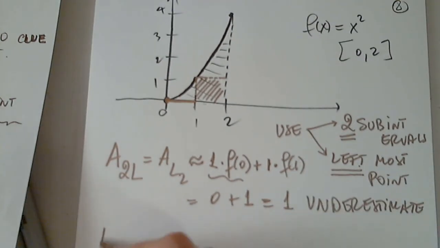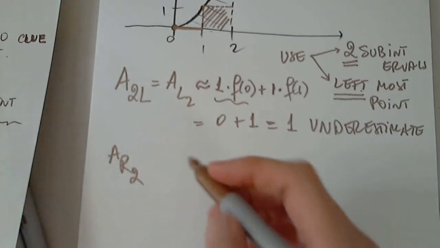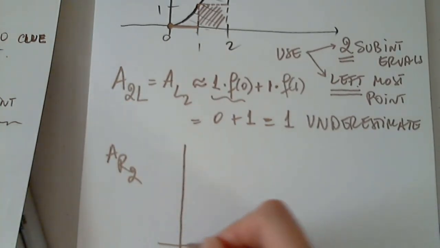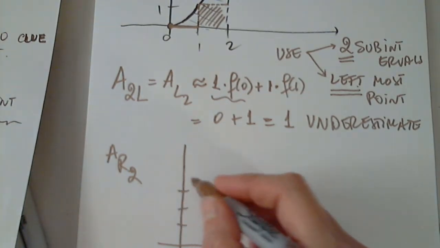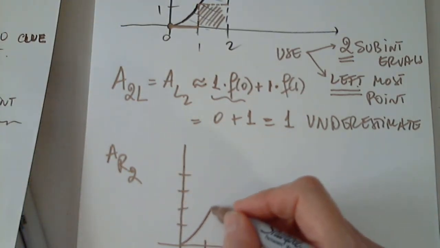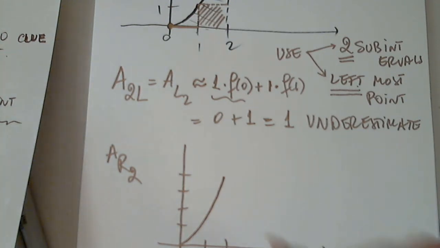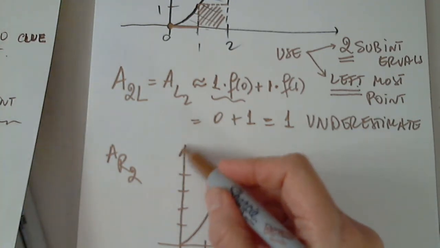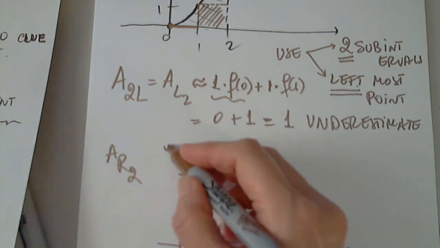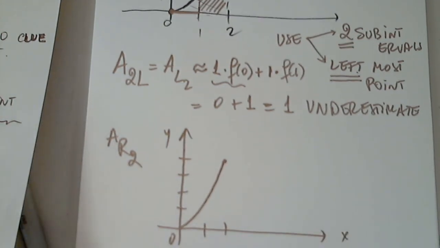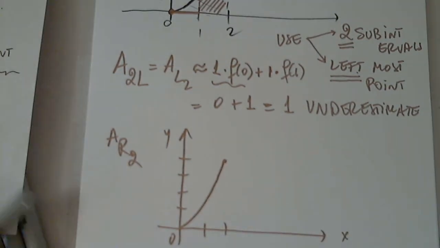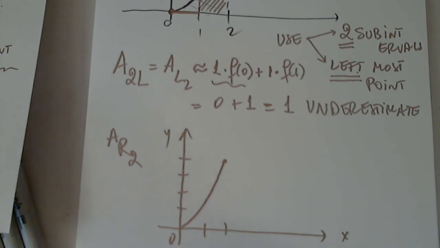Let's also see how it looks like with R2. I have to graph it again. 1, 2, 1, 2, 3, 4. The graph again is this. And now I want to use still 2 subintervals, but using the rightmost point this time.